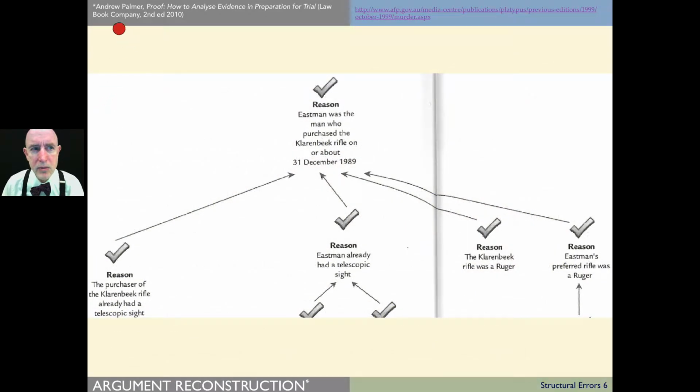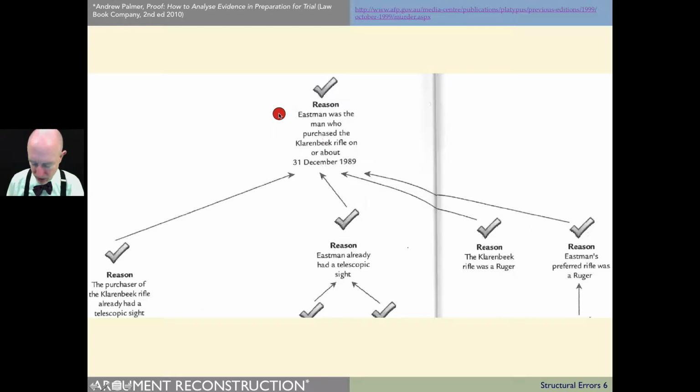And here we've gone to Andrew Palmer's excellent book, Proof: How to Analyze Evidence in Preparation for Trial, and pulled out some of the reasonings that he says for this example of unraveling or reconstructing point to this, what in this instance we're going to call a conclusion.